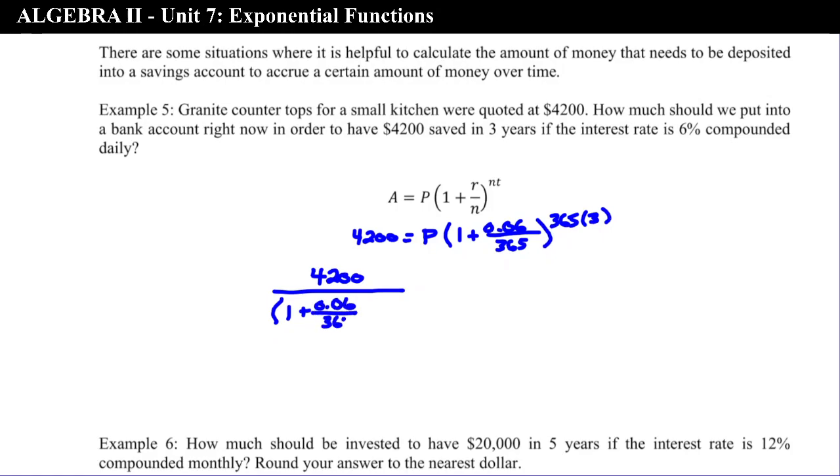Now, since it does come out to a whole number, if you want to go ahead and multiply this 3 times 365 and get 1095, that's perfectly fine. But this is going to give you P. Put all of this in the calculator in one go. And when you do that, you're going to end up with $3,508.19. That's how much you need to deposit to have $4,200 3 years down the road.